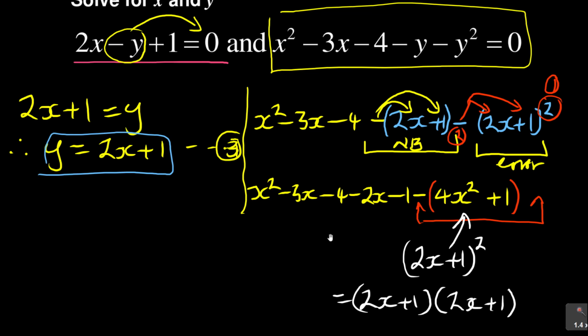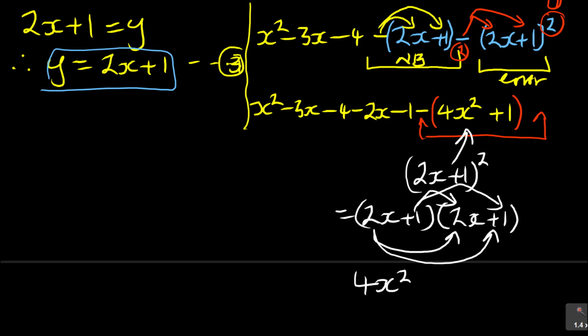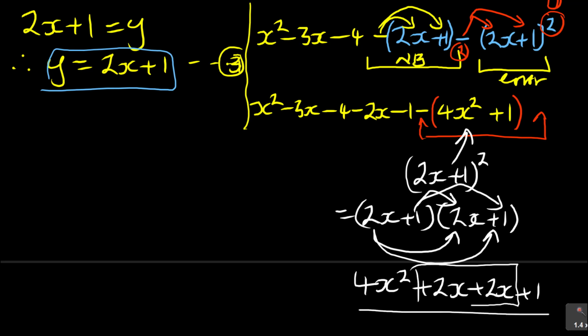Remember that it's that, and then when you're expanding, that is the FOIL method. 2x times 2x and 2x times 1, 1 times 2x and 1 times 1, such that you're saying 2x times 2x, it is 4x squared. 2x times 1 is plus 2x, 1 times 2x is plus 2x, and 1 times 1 is plus 1. So you see that you lost this middle part here.